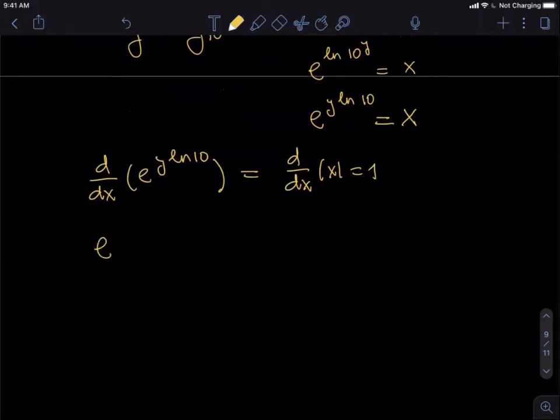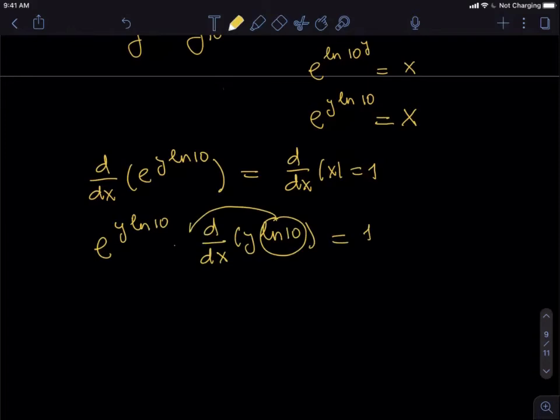Now, the derivative of the exponential is itself times the derivative of y logarithm of 10, equal to 1. Now, the logarithm of 10 is just a constant, so we can pull it out. And what we get here is the exponential of y logarithm of 10 times the logarithm of 10 times dy/dx equals 1.